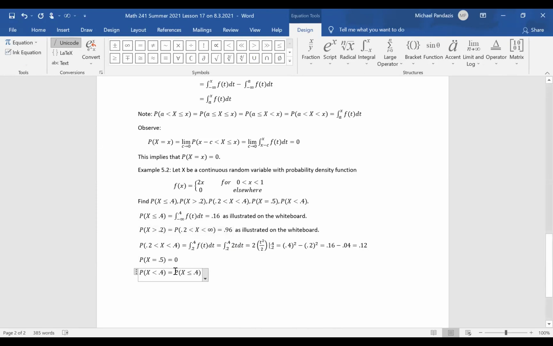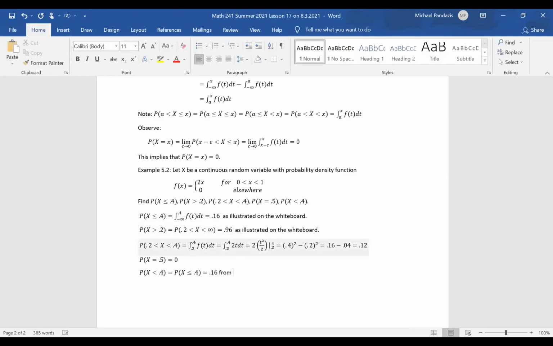We can add or remove one particular value. We already found this is equal to 0.16, from above, right from right here. So we just add one single point. The probability of X equaling 0.4 is 0. So this is equal to this, and we already found that this is 0.16. Okay, and so that's all of example 5.2.